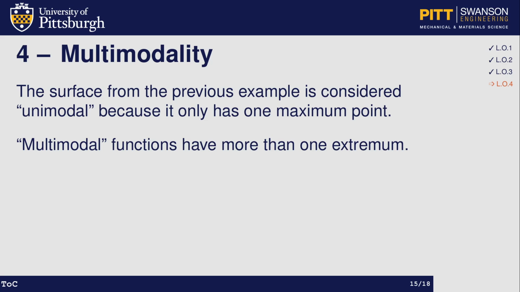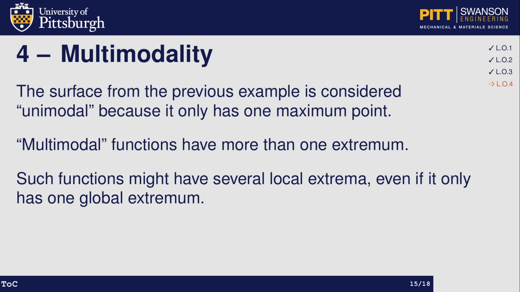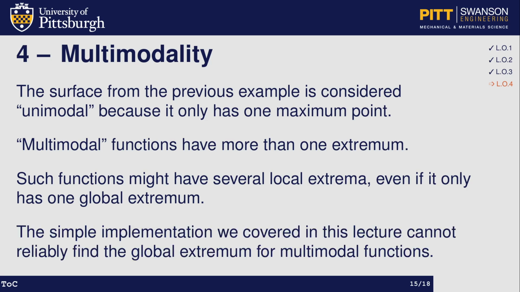That could be a maximum or a minimum. Such functions might have several local extrema, even if there's only one global extremum, meaning some of them might be less than or greater than the ultimate maximum or minimum, but they are still maxima or minima nonetheless. The simple implementation that we've covered in this lecture cannot reliably find the global extremum for multimodal functions.